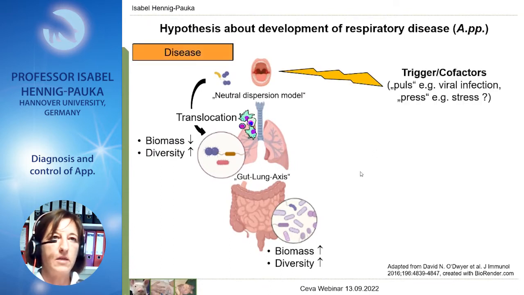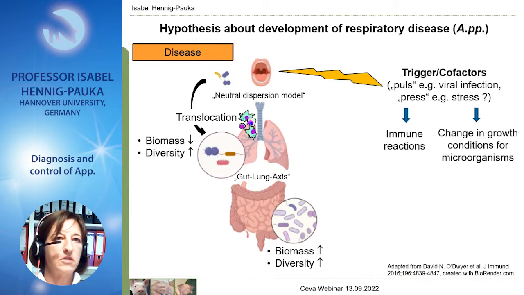But if you have any trigger or cofactor, which can be a sudden one as a viral infection or a more long-lasting one like stress, the microbiota in the tonsil is disturbed, and especially pathogenic microorganisms such as APP can proliferate, and you have a change in growth conditions so that they might have a growth advantage.